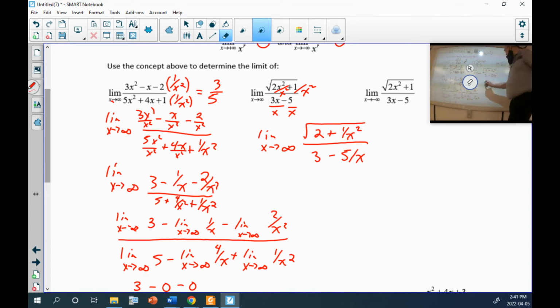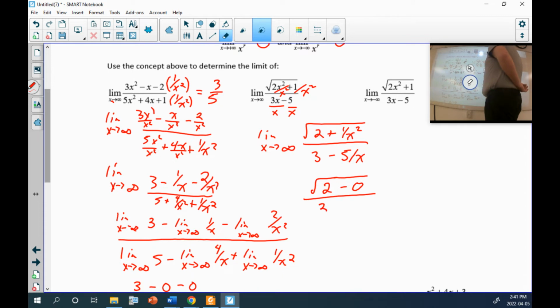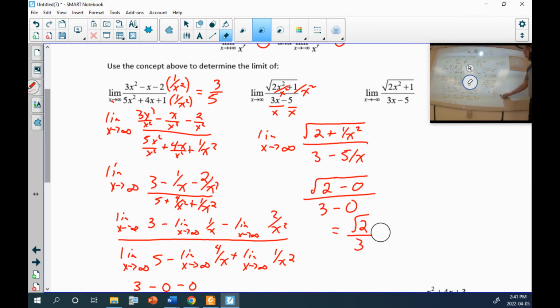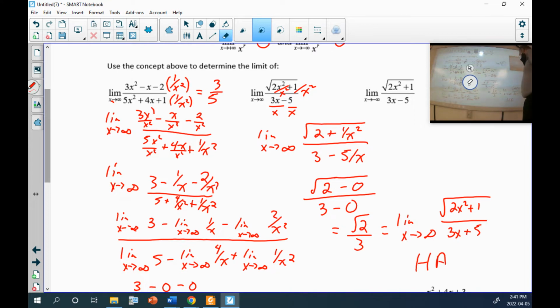So I end up with the square root of 2 minus 0 over 3 minus 0. Square root 2 over 3 is the limit as x approaches infinity of this function, and it also gives us our horizontal asymptote.